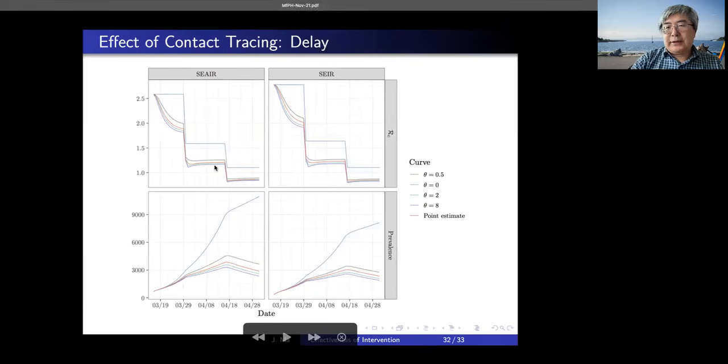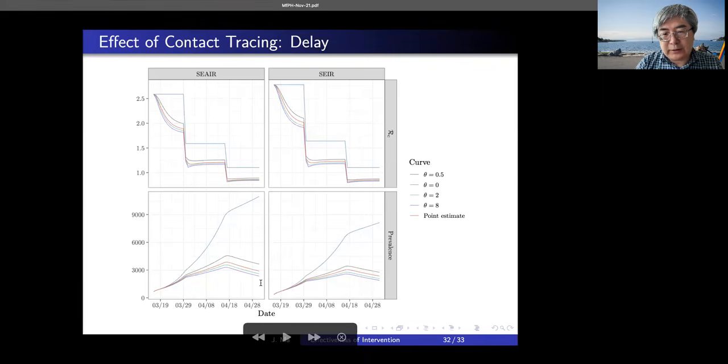On the other hand, the delay between contact tracing and diagnosis has some effect, but it's not very large. The current delay is just 1 day, that's the red curve. But if we make it 2 days, you can see the curve increases a little bit.